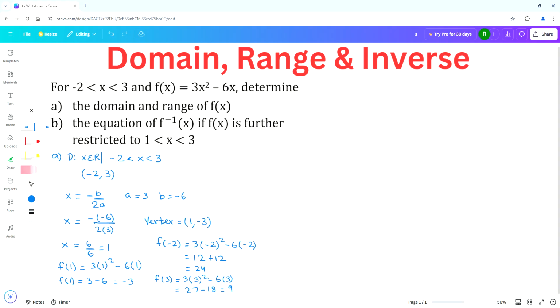If I have to sketch all of this information for this function f(x), the vertex is at (1, -3). The domain is from -2 to +3.